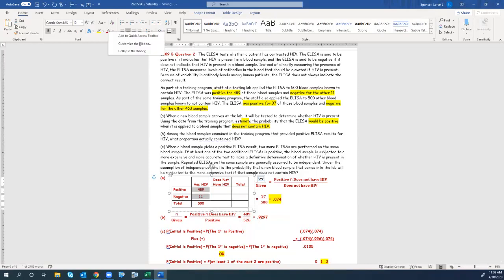As part of the same training program, it is applied to the ELISA to 500 known not to have HIV. So right here we have 500.